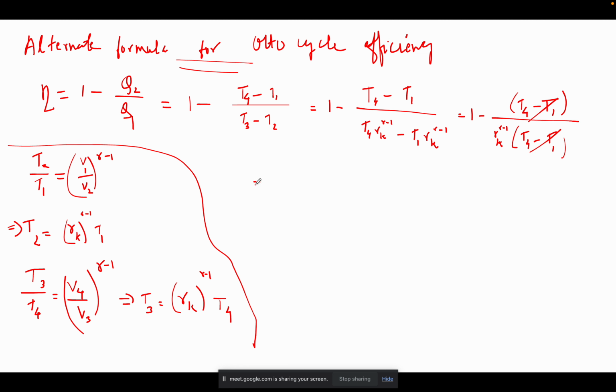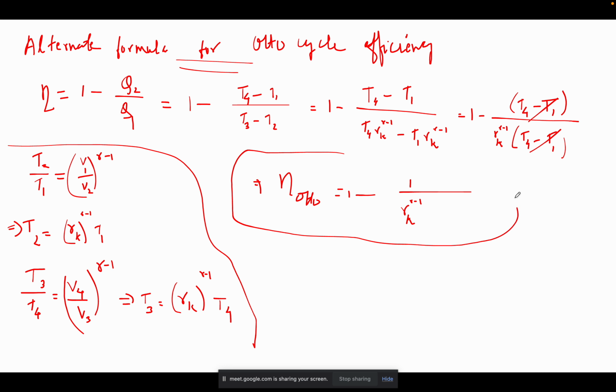So what we will get as eta Otto is nothing but 1 minus 1 divided by Rk to the power gamma minus 1. If your compression ratio is given to you, you can directly calculate the Otto cycle efficiency. Now you can just put in the formula 1 minus 1 by Rk, which was 8, and gamma minus 1 was 0.4. Okay, put all these values.